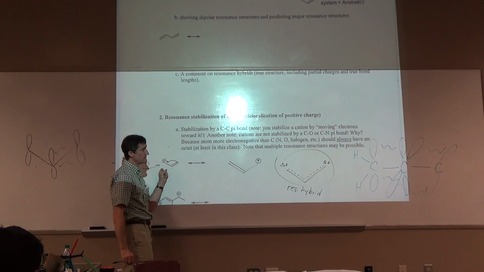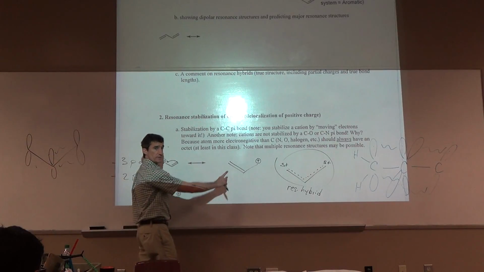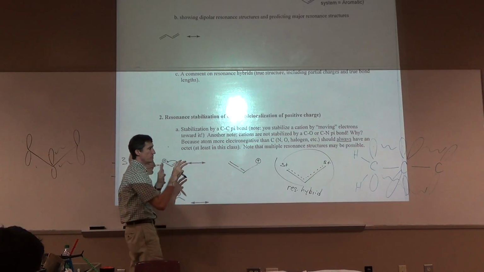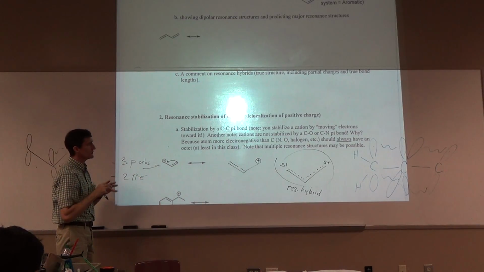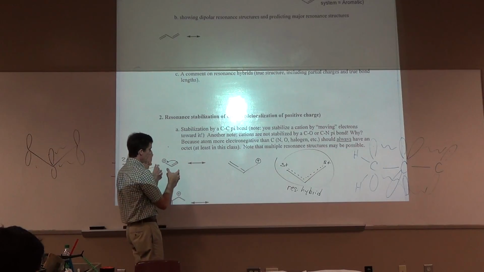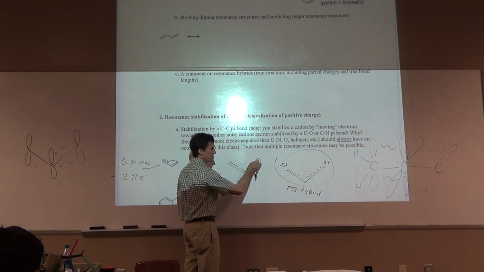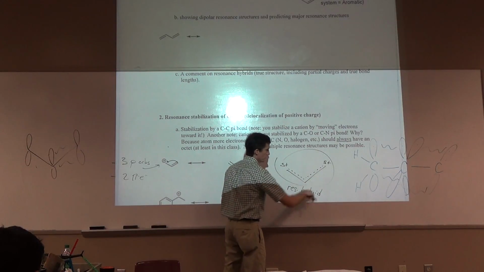And we also go back to major versus minor. Are either one of these preferred, or are they equally preferred? They're equal, so they're both contributing to the same degree. You've got some positive here, but you also have some positive here. This is the true structure.